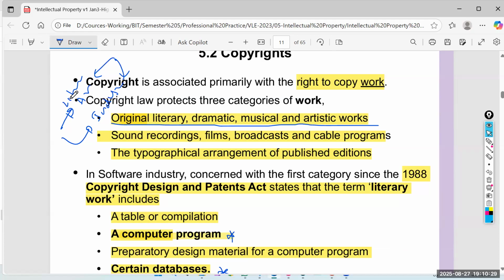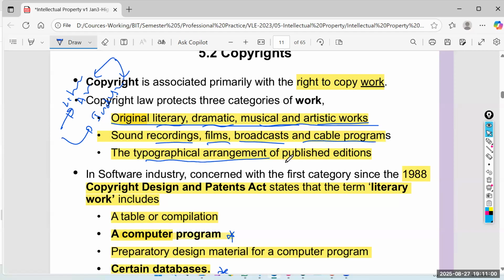So when it comes to arts and literature side, it includes literary, drama, music, songs, films, teledrama, any broadcasting, and so on. Even a documentary, film, and not only that, even photographs, videos, right? Typographical arrangements.